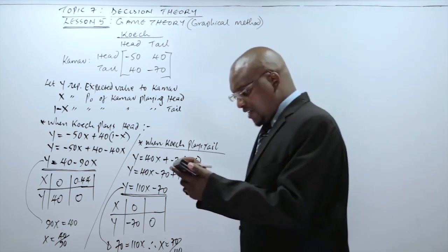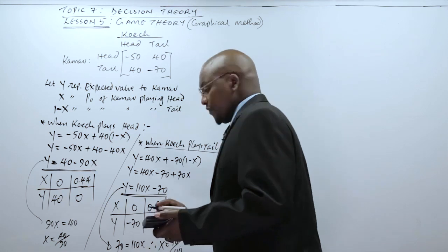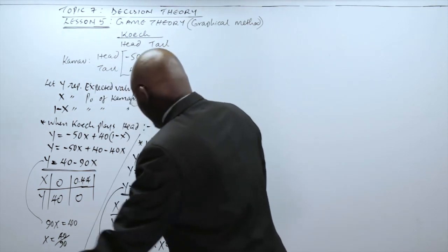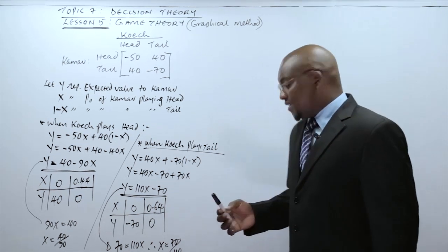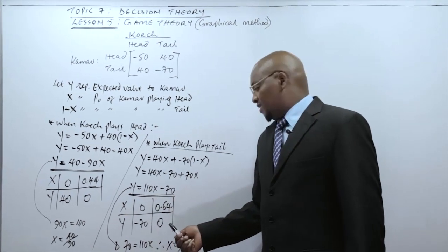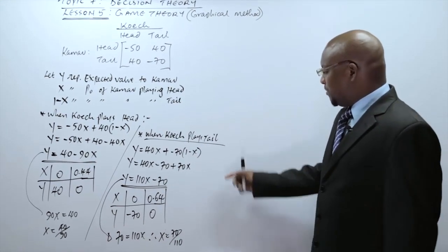This is 0.64 on average. So these are the two values, or the two coordinates on the y-axis and the x-axis. And therefore now we can have the two lines on the Cartesian plane.